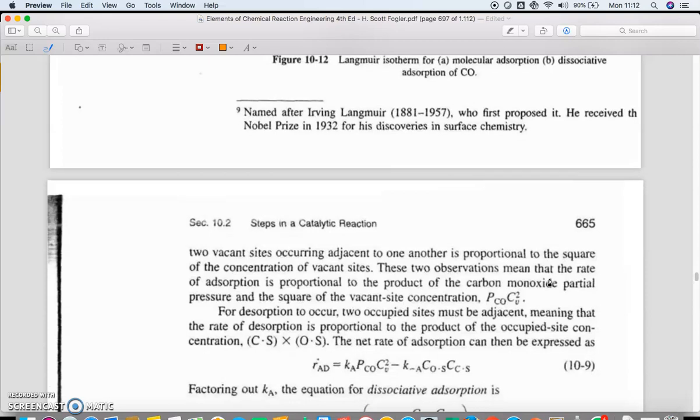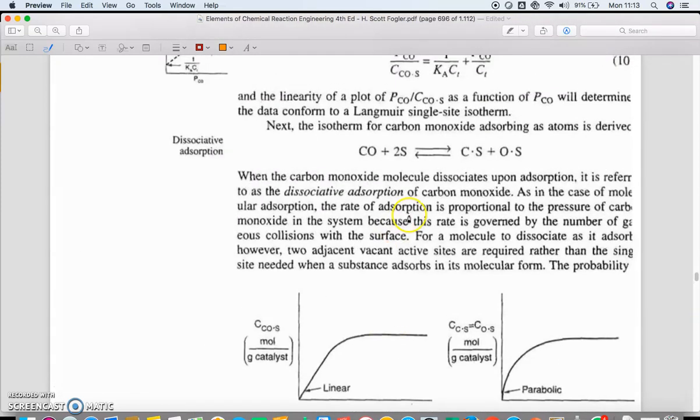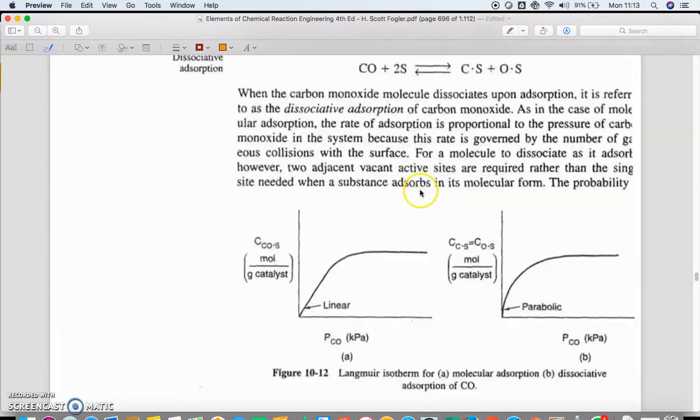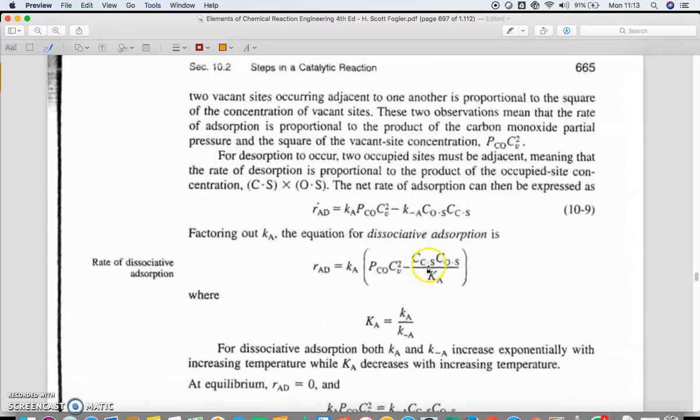So if you look here, we will do Ka PCO, the same thing, Cv square. Why do we do Cv square? Because you need to balance it correctly, since the rate that you derive here is based on the equation that you have here. It's Cv square because you have 2 active sites in front here.